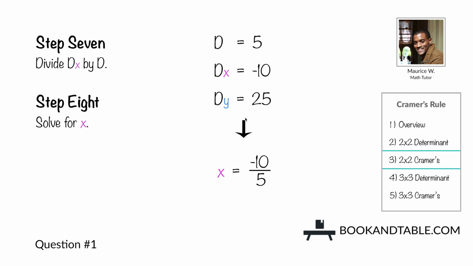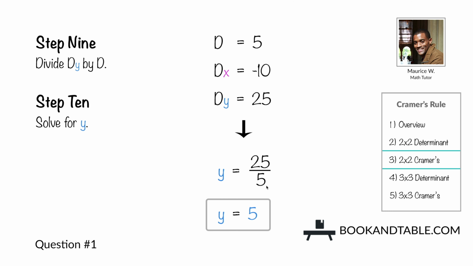When we divide negative 10 by 5, we see that x is equal to negative 2. And now we want to find the y coordinate. So we want to divide dy, which is 25, by d, which is positive 5. So y is equal to 25 divided by 5, that shows us that y is equal to positive 5.